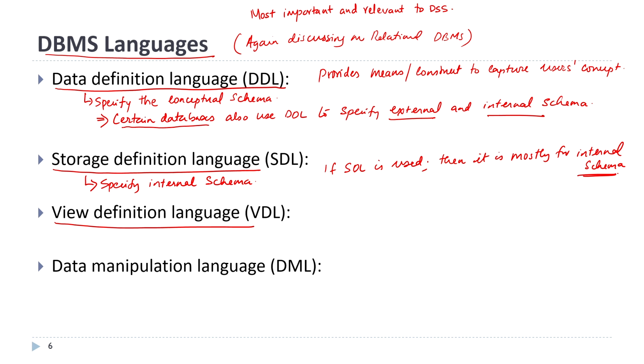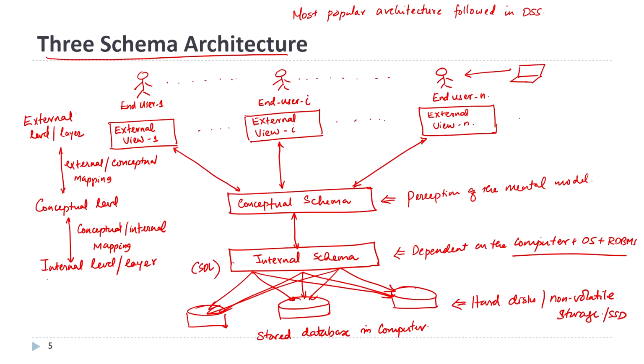So the purpose of the view definition language is to specify the external schema; it is dedicated to that. If you look at this diagram, the VDL, the view definition language, is associated exactly with the external schema. So if somebody is using VDL and SDL, then the DDL remains in the conceptual schema format, but in certain database systems DDL can also be here.